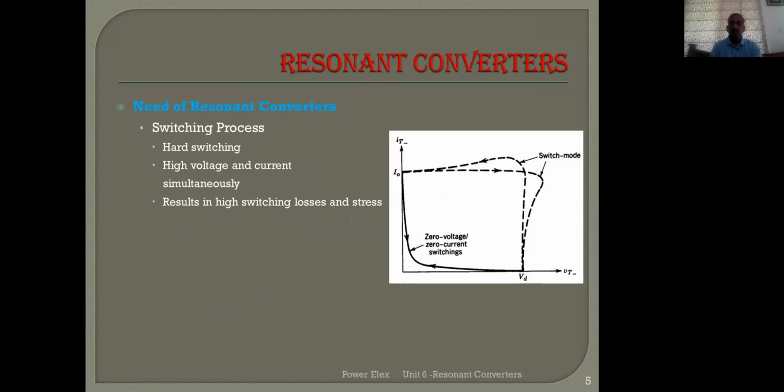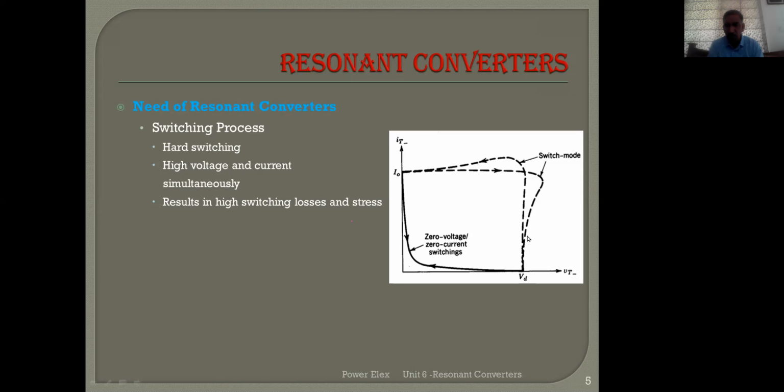We discussed the switching process in the last slide, and I was emphasizing that there are high current and high voltage during the hard switching process. Let's see how it looks. Suppose this is a steady state I0, and at the switching instant, I0 is reduced like the lower one.